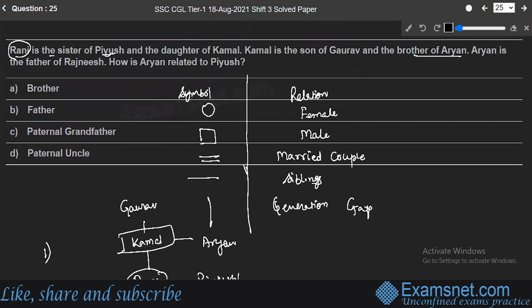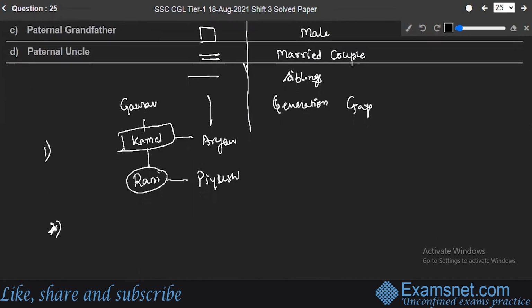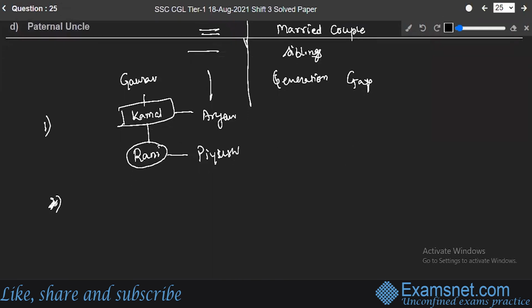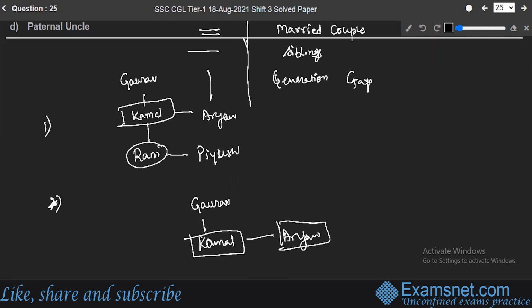The third thing it says in the question, Aryan is father of Rajneesh. I'll remake it. So here is Kamal, and here is Gaurav. Then Aryan is on this side. Aryan is father, so I'll put Aryan in a rectangular box.